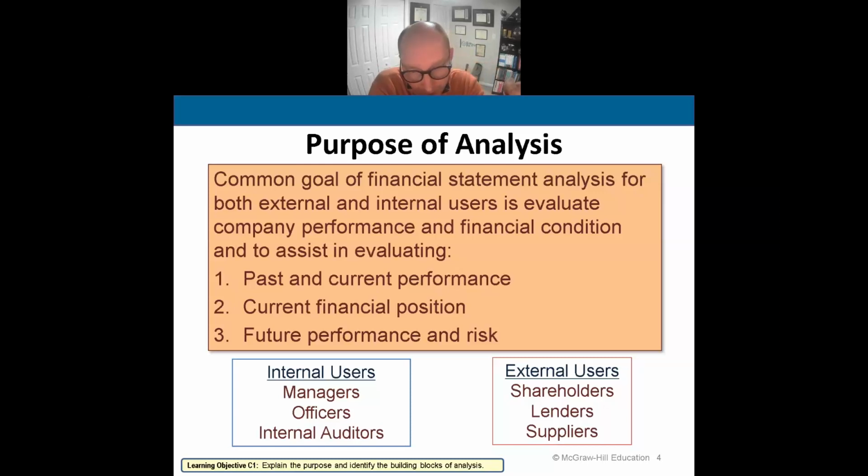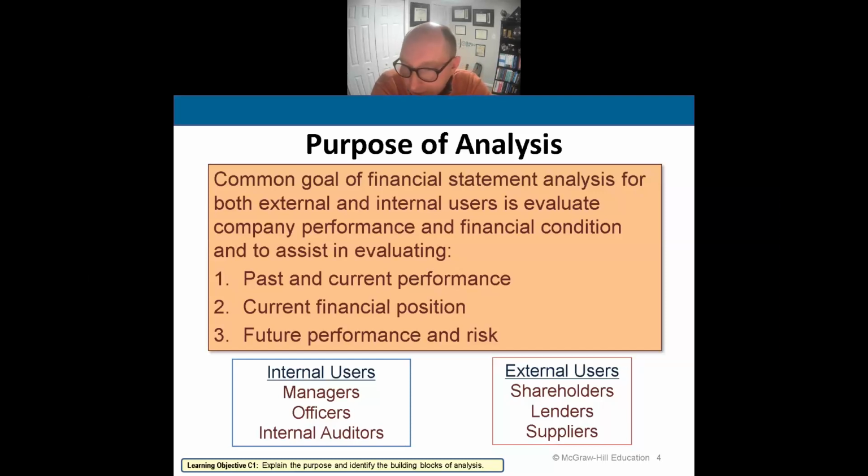We can forecast for the future. By using our current and past information, we can plan for the future. We can also look at risk that might affect the company based on current and past risk.